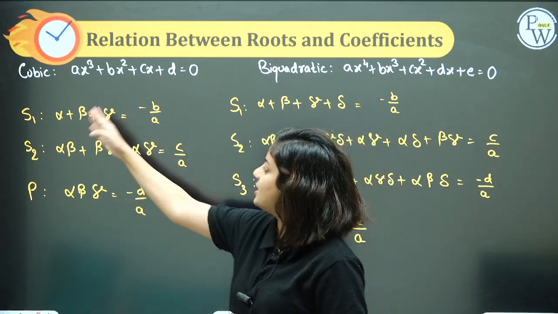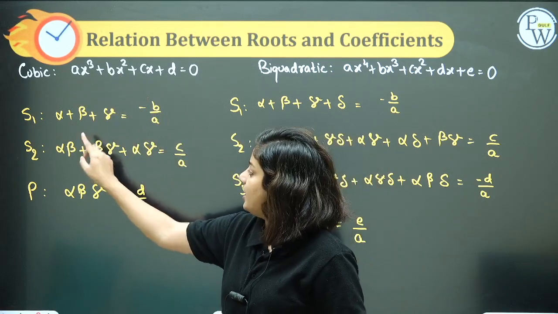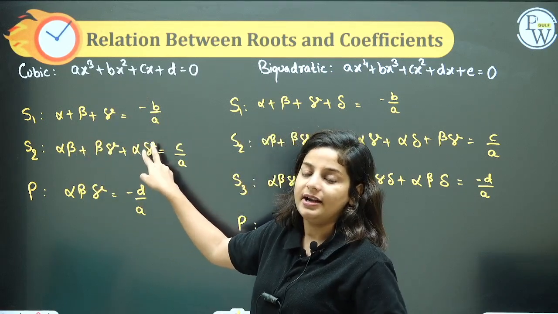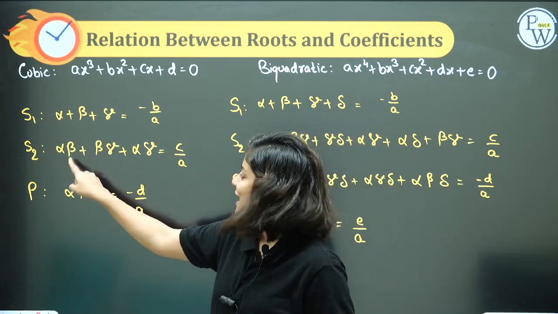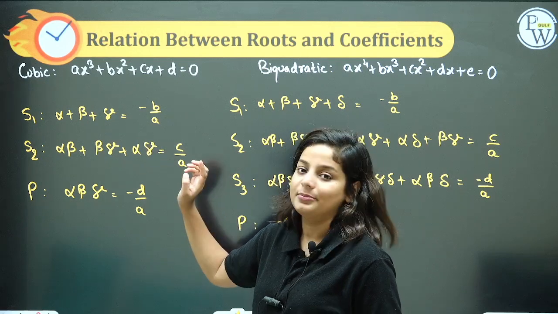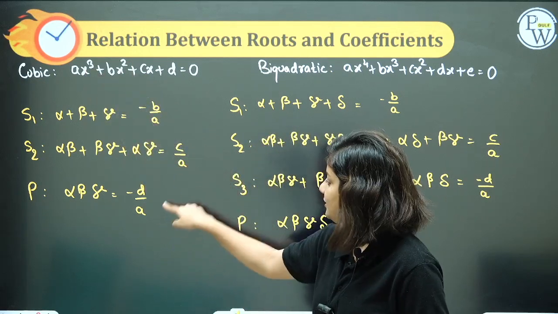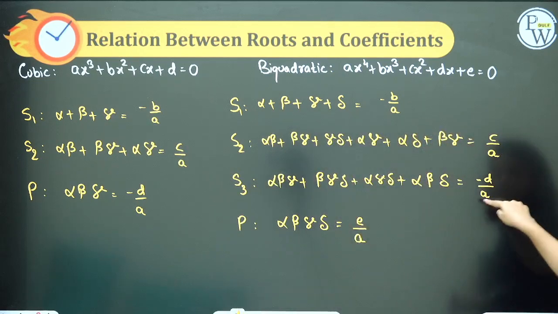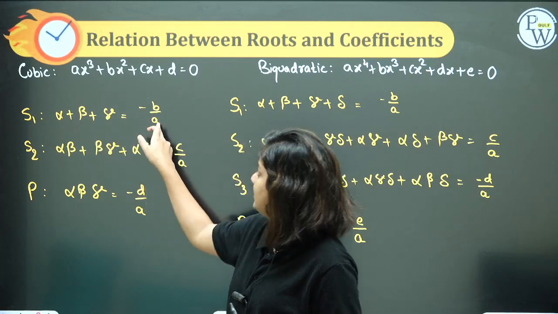Sum of all the roots alpha, beta, gamma is minus b by a. Then the sum alpha beta, beta gamma, alpha gamma is c by a. Third coefficient upon first. So everywhere in the denominator, you will find a.